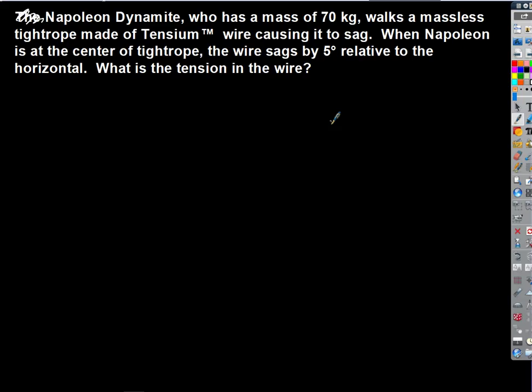So if we were to draw a picture, and I've got a much better one that we'll look at in a second. So we've got this wire. This wire normally would be, because it's tensium, we can pull it completely taut. It's got no mass. But when he stands on it in the middle, so let's say it's attached right here and right here, when he stands on it, I'm going to exaggerate this a little bit, it's just going to do that, isn't it?